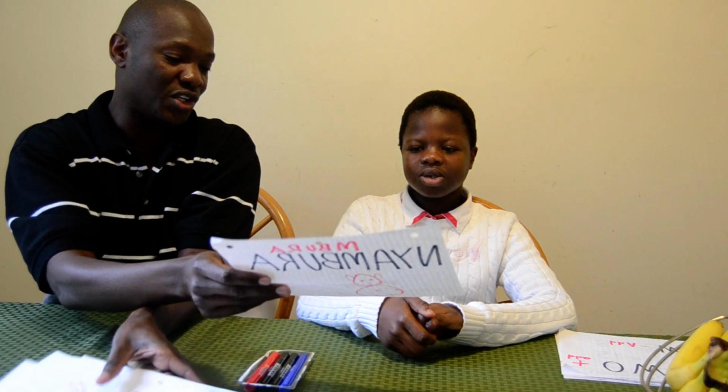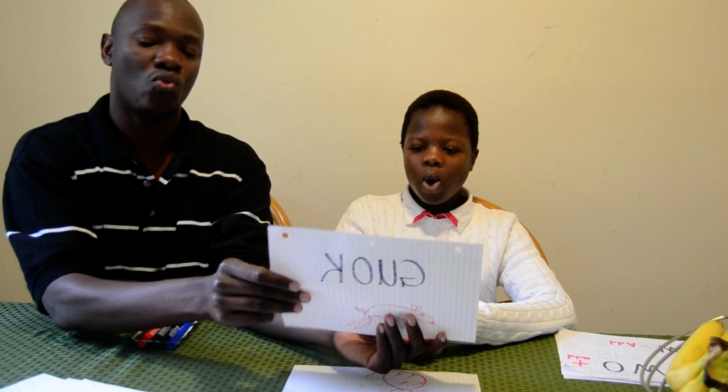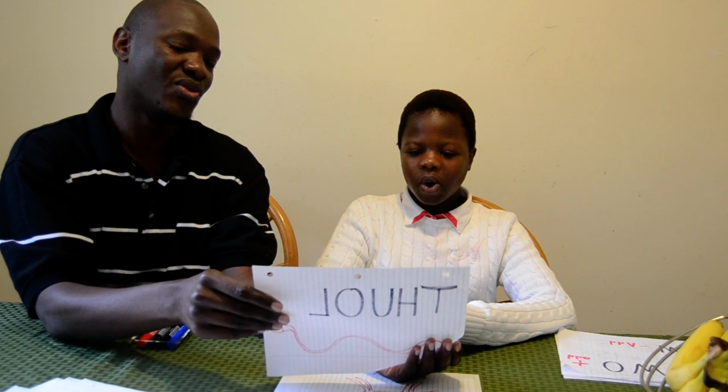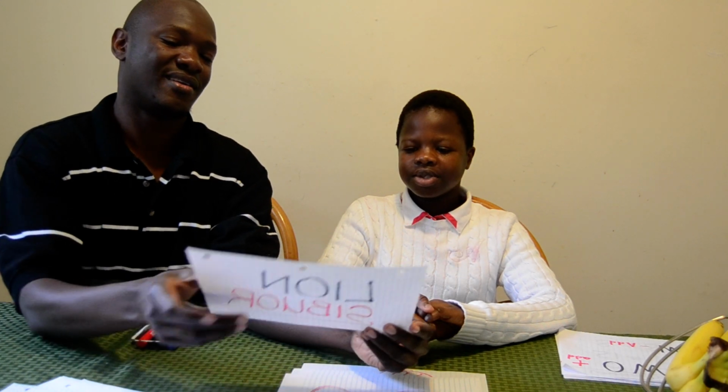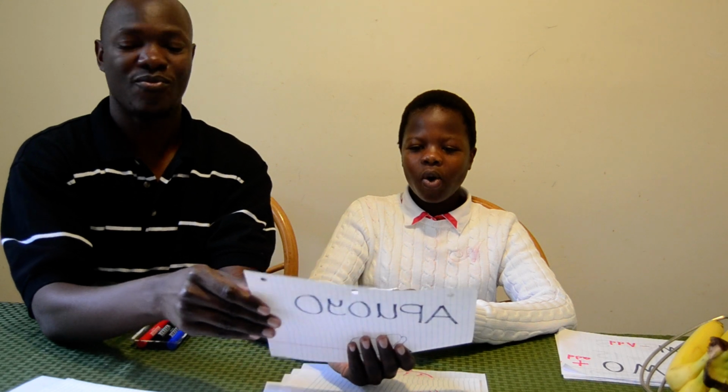So quickly we shall just pronounce this. I will show you and you have to shout the name. Nyambura. Guok. Tuol. Sibuor. Ong'er. Apuoyo. If you say it the other way, it's a different word. Okay.